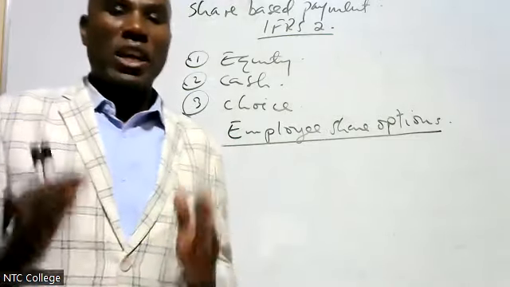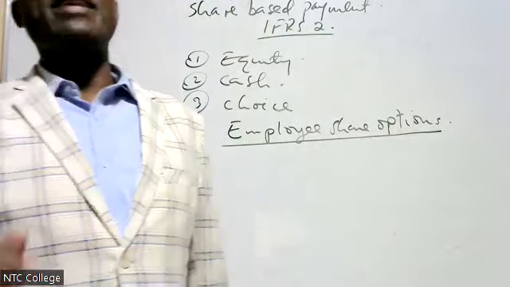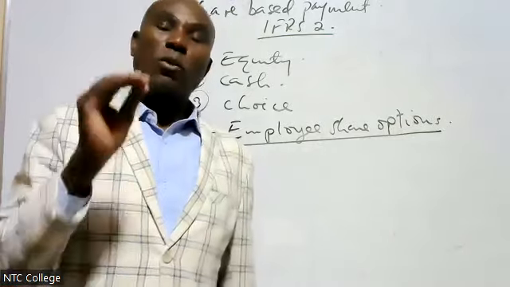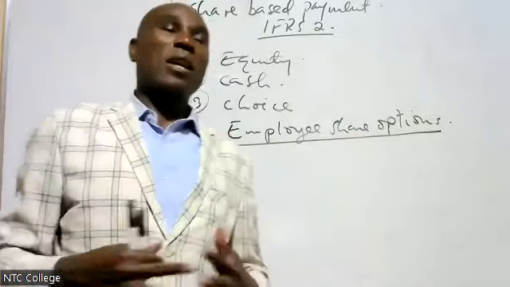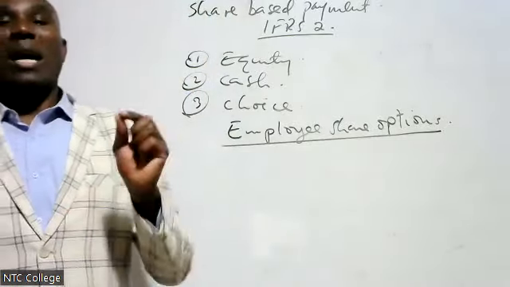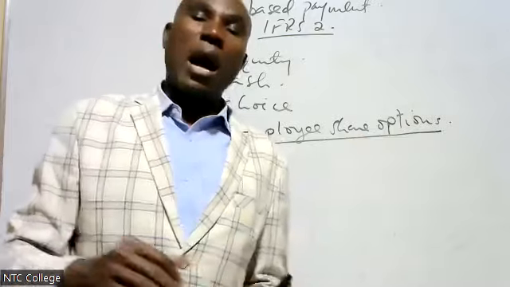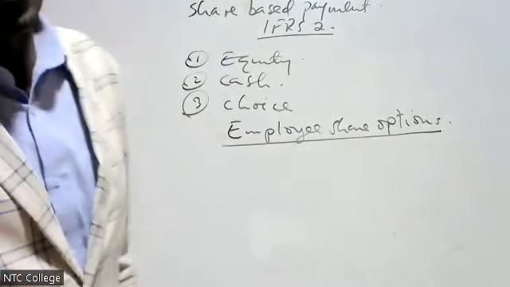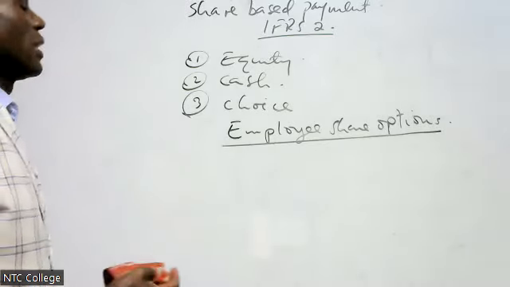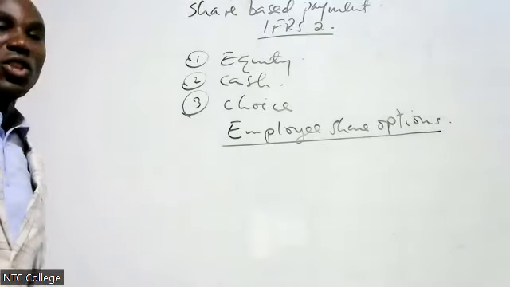Therefore, under employee share options, what the examiner will require you, the objective of this standard, is how to account for the expenses and the liabilities that will arise from this transaction. How are you going to account for this employee share option?